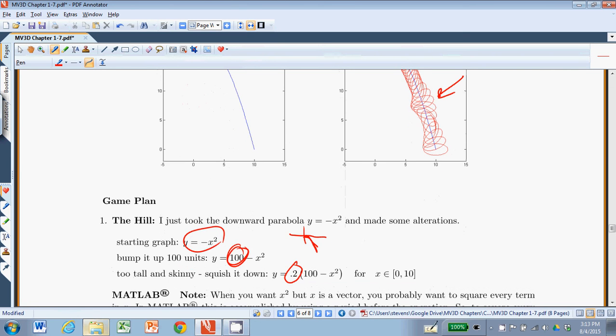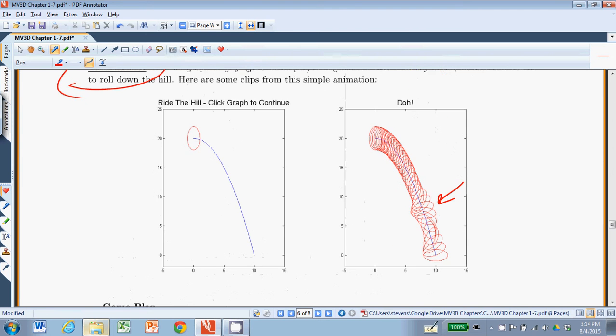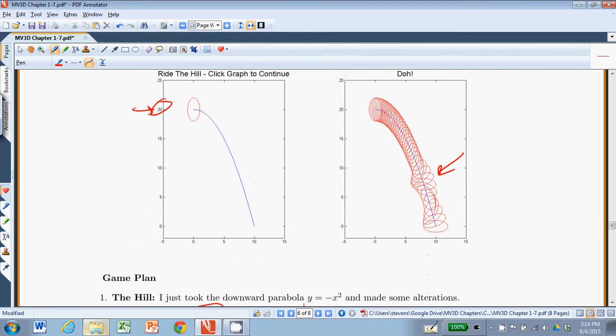And so I have a parabola that starts when x equals 0 at 0.2 times 100, so my parabola is starting here at y equals 20 for x equals 0. And then when x equals 10, this is 0 and my y is 0. So that created this parabola.